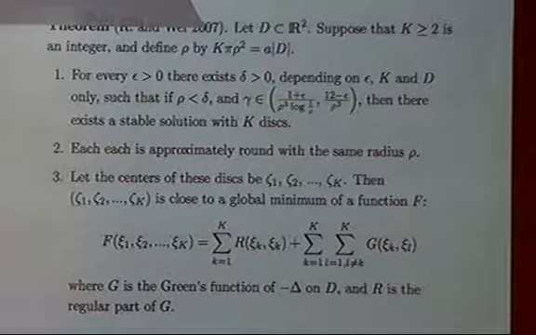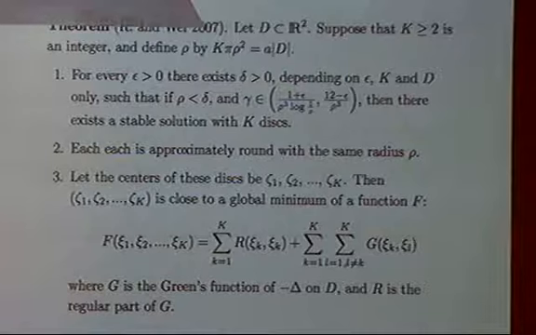So basically, rho is like an average radius. If each component of the solution set is a disk, and all disks have the same radius, then this rho would be the radius. Okay, so we define this rho as a parameter, and here's the theorem.